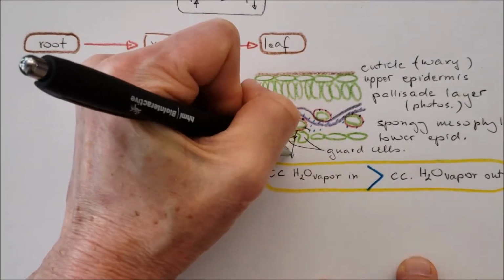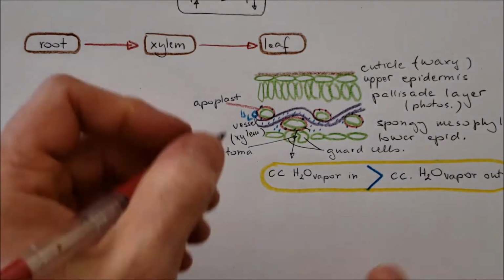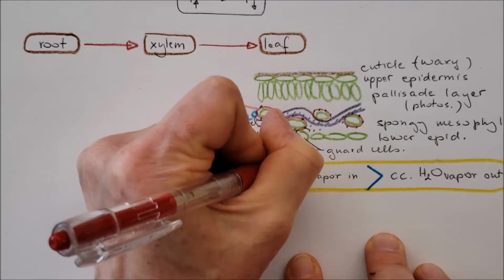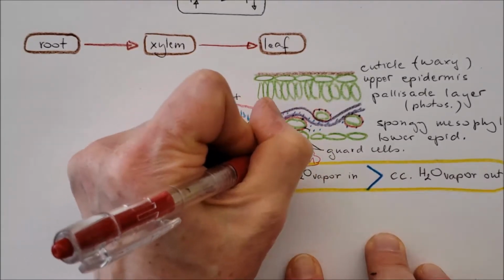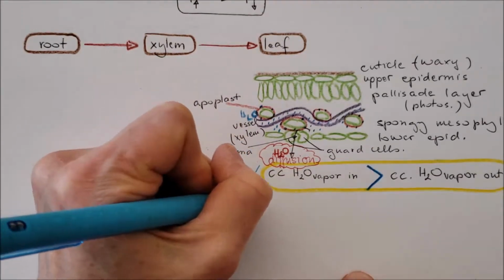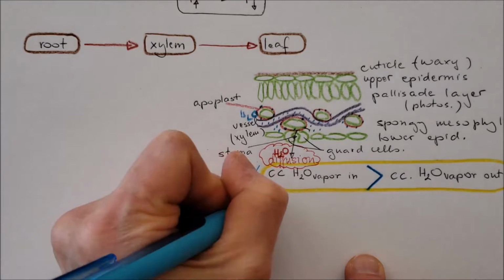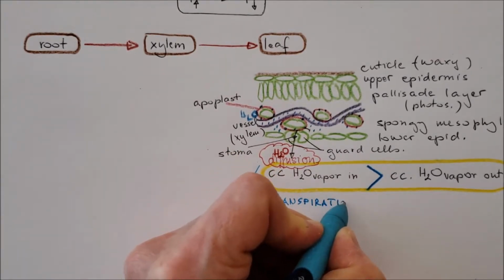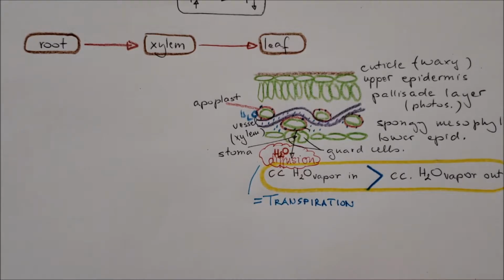So that is the driving force, the concentration difference that makes the water vapor diffuse from the mesophyll area into the air. And the water diffusion is actually the transpiration. So the water vapor leaves from higher concentration to lower concentration.